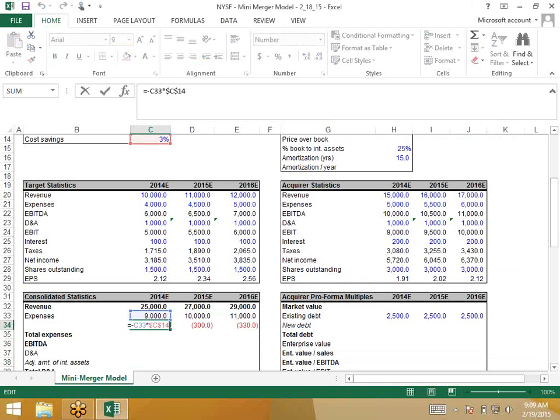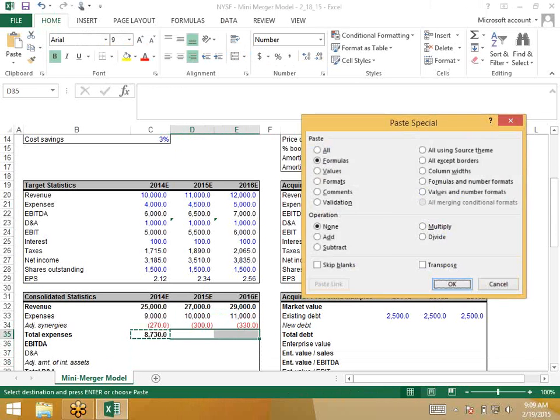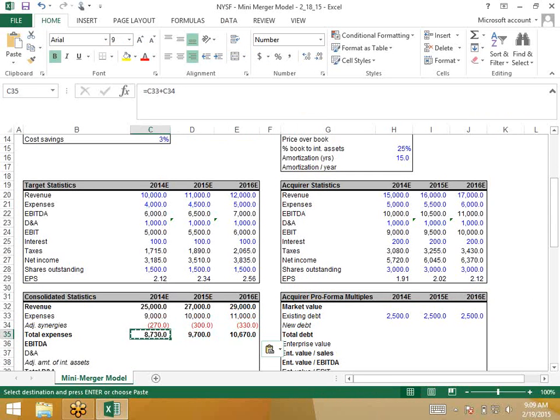And so the total expenses is the sum of the expenses after the synergies. Right?